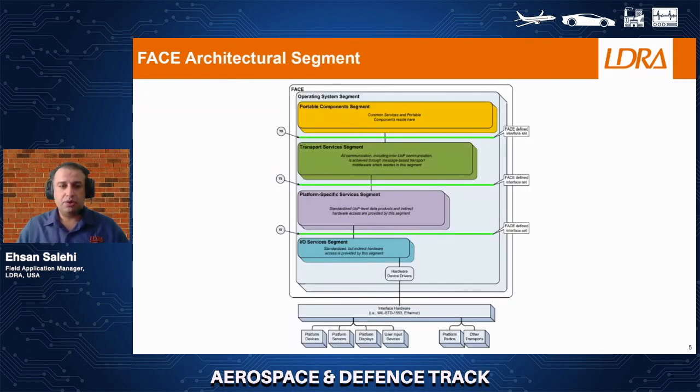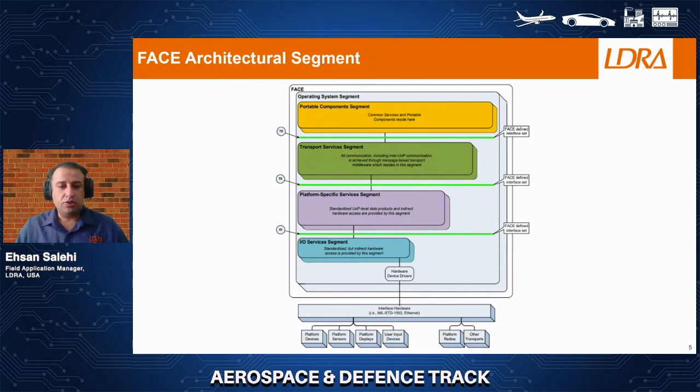This picture shows the layout of FACE in terms of all the different segments and their interoperability to each other. As you can see, the portable component segment is laying on the top. They are usually responsible for common functionalities.